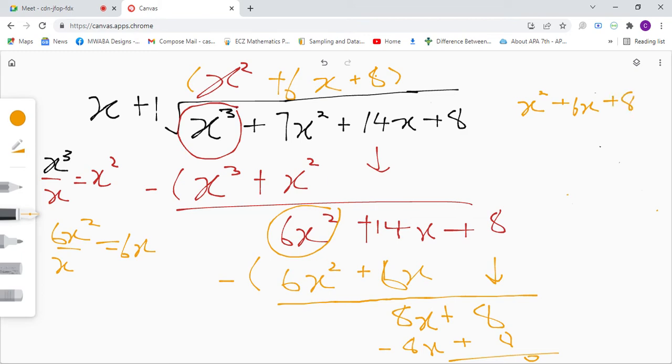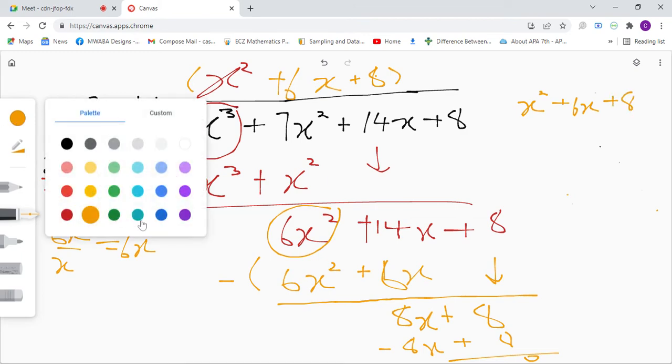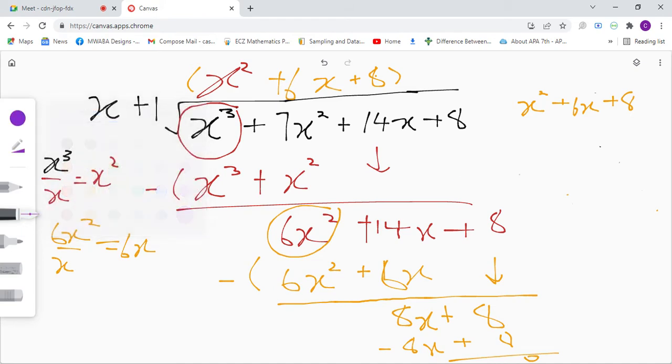We're going to write there the standard quadratic form of ax squared plus bx plus c.